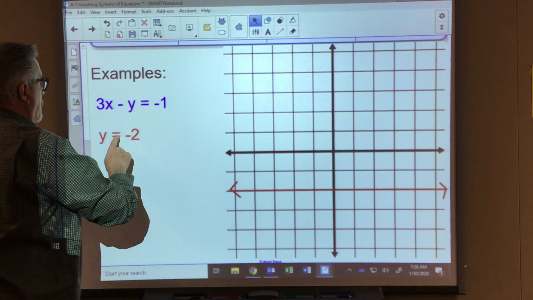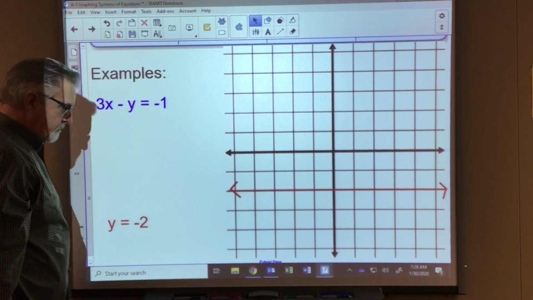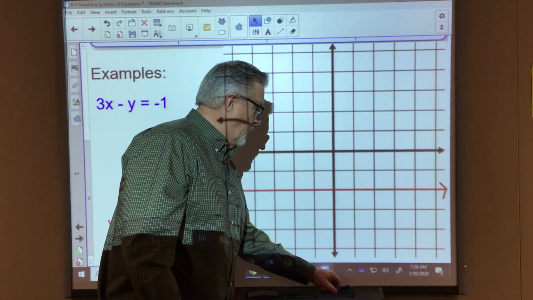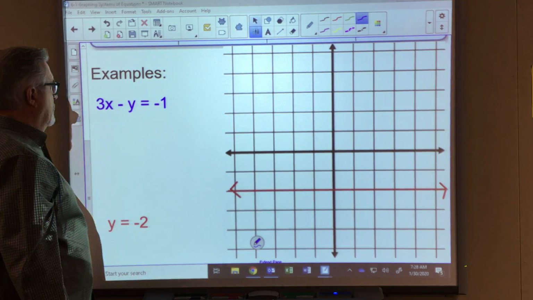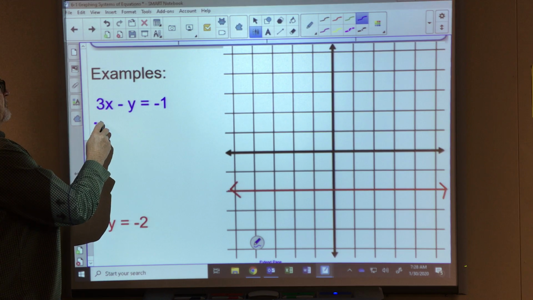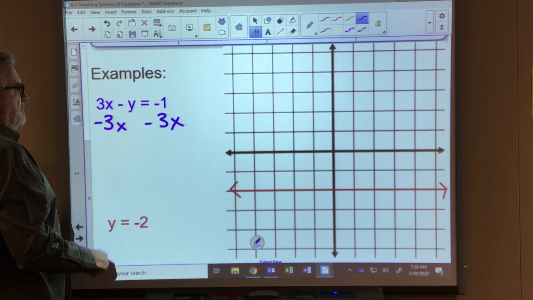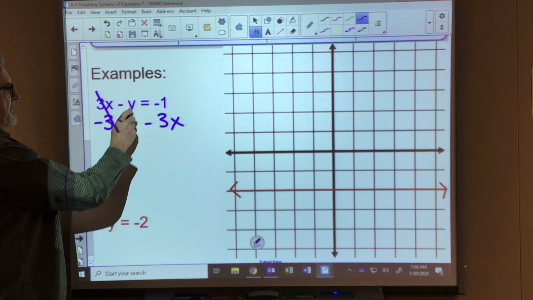We need to do some work on that second equation, so let's move this down out of the way. We need to solve this for y, get it in slope-intercept form, so we can graph it. Our first move would be to subtract 3x from both sides. And when I subtract 3x from both sides, this is going to cancel out.